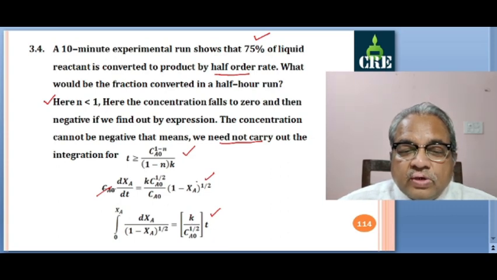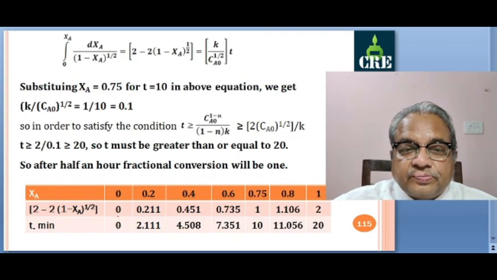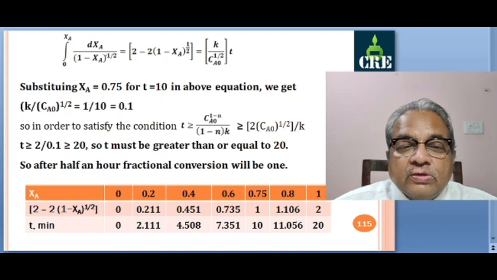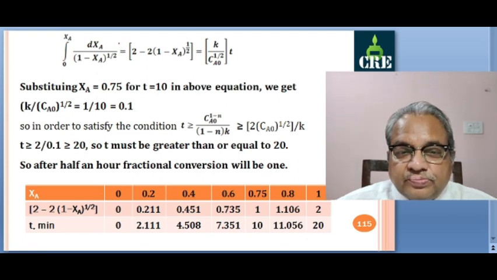On this side, if you transfer this variable, 1 minus X_A raised to half, dX_A by 1 minus X_A raised to half, integral from 0 to X_A. So if you solve this, we can write this as 1 minus X_A raised to minus half. Minus half plus 1 is plus half.